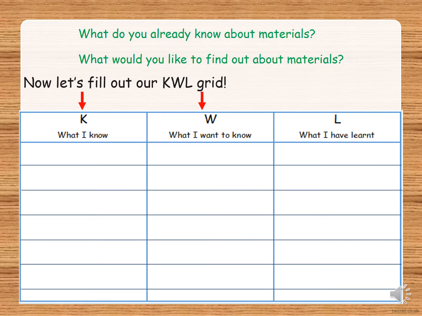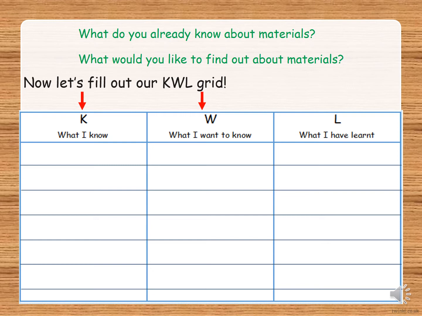Okay, so now you have written your titles or you have drawn your grid. We are going to complete the first two columns or the first two titles in our KWL grid. So, firstly, what I know. So I want you to have a think of all the different things you know about the uses of materials. So for example, as I said previously, I know that glass is see-through.